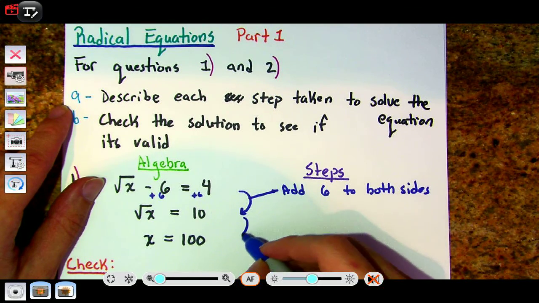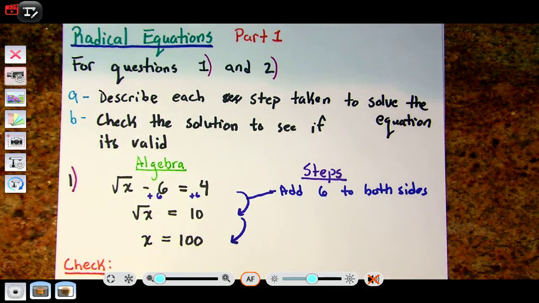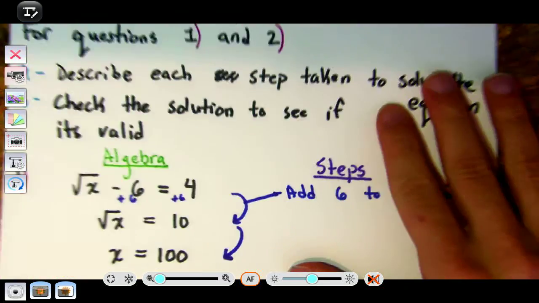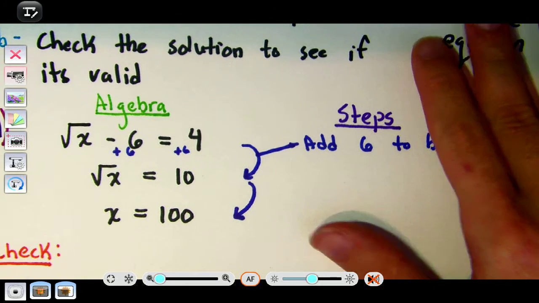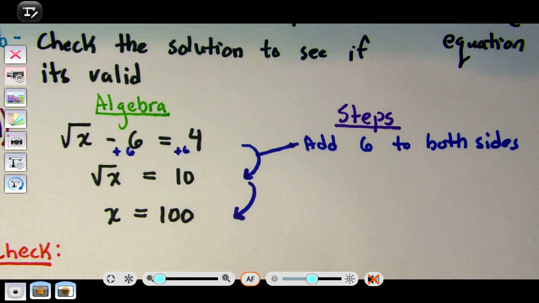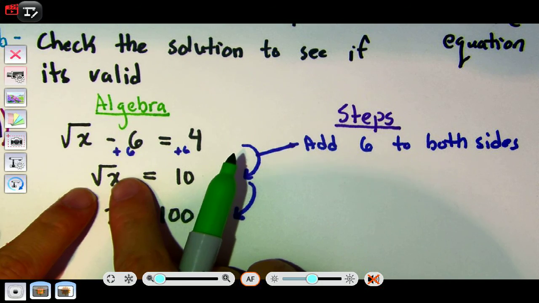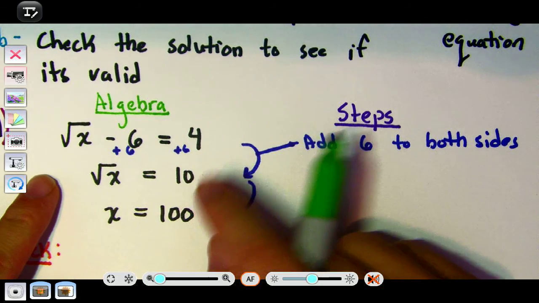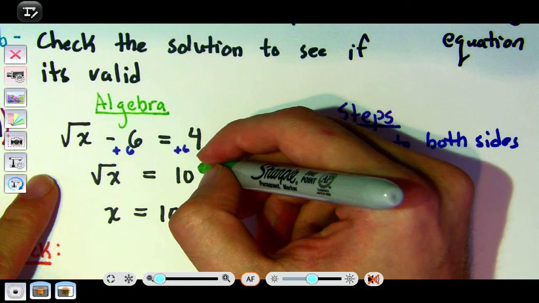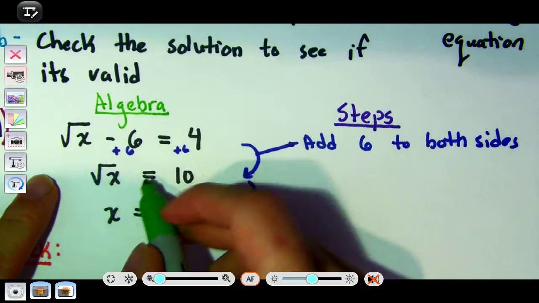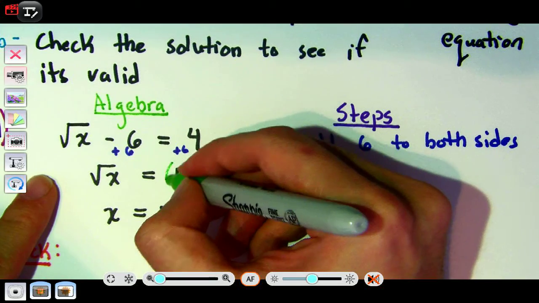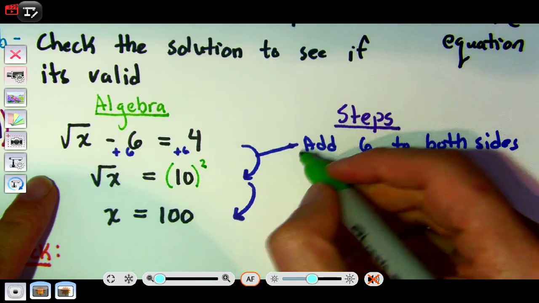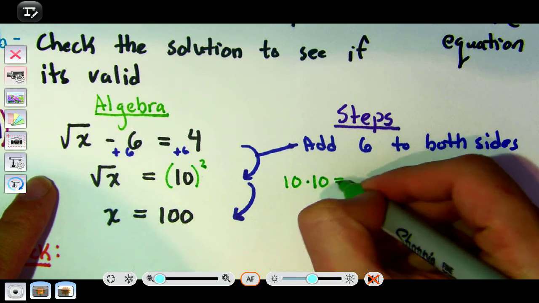Now, how did we go from here to here? This gets a little bit tricky because we haven't done this operation together. But the idea is, if I go from square root of x to just x, and how do I get from 10 to 100? Notice, how do you get from 10 to 100? You could multiply by 10, but you're not multiplying by 10 on this side. What you're doing is you're squaring this. 10 squared is going to be 10 times 10, which is 100.